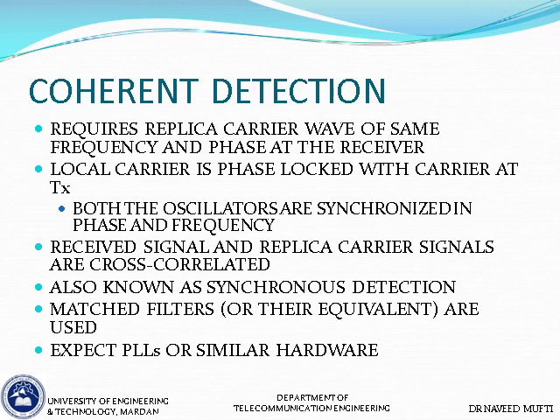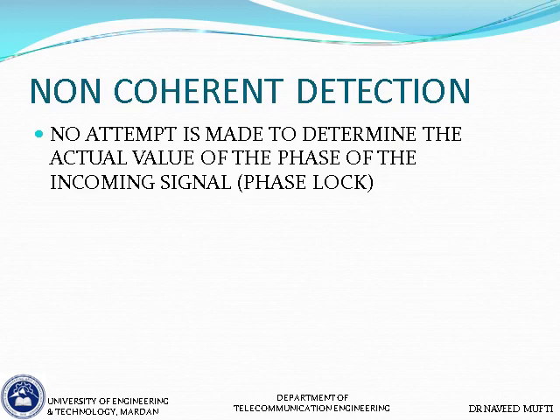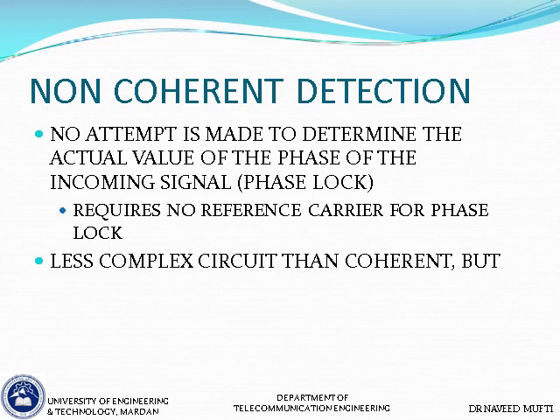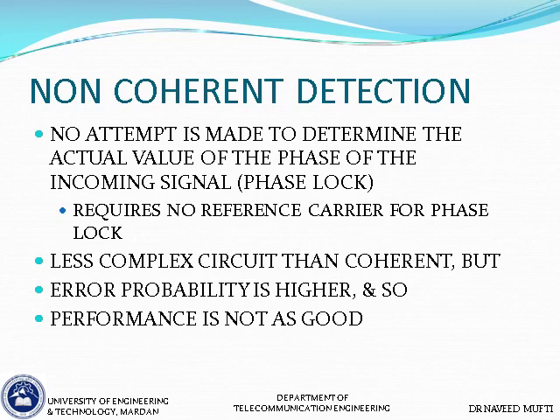Coming over to non-coherent detection, the first thing we need to remember is that no attempt is made to determine the actual value of the phase of the incoming signal. That is, phase lock is not the target, so it is not attempted. It requires no reference carrier for phase lock. Obviously this makes it less complex than coherent detection, but we have to remember that the error probability in non-coherent detection is higher than coherent detection, and so its performance is not as good.